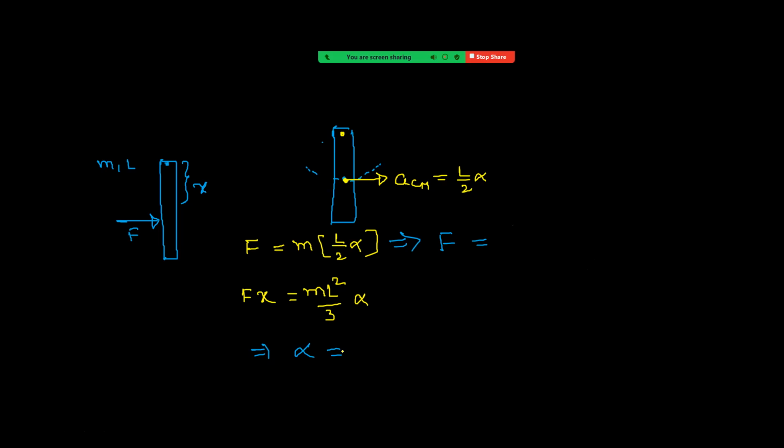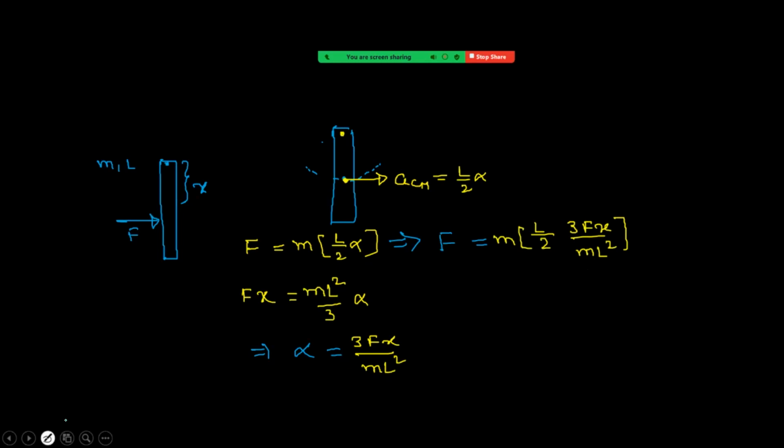Right. So F into x equal to I into alpha. Alpha equal to 3Fx by ml square. Now substitute that in this, m into L by 2 in the place of alpha, 3Fx upon ml square, right?